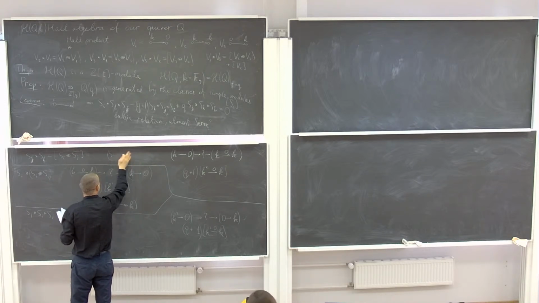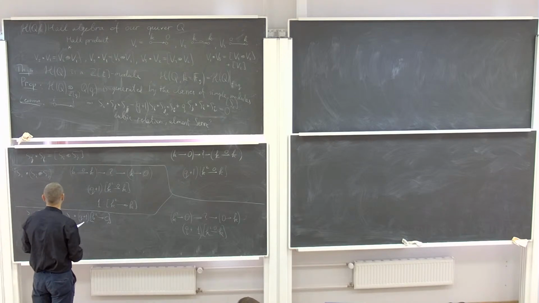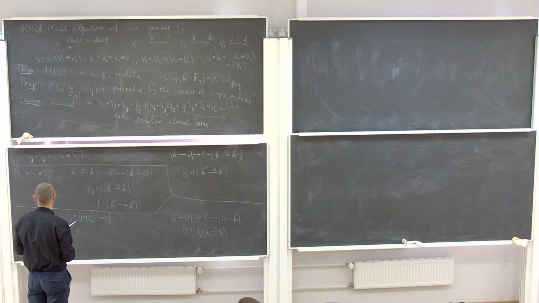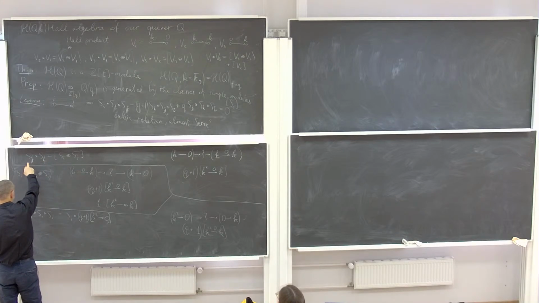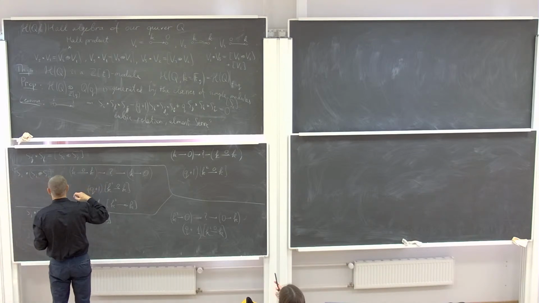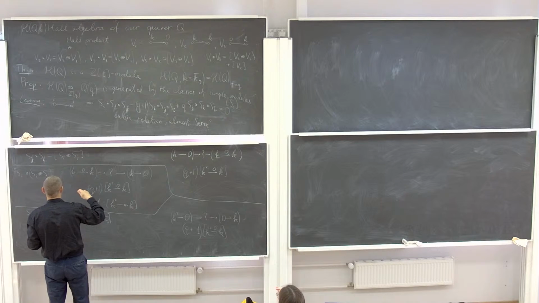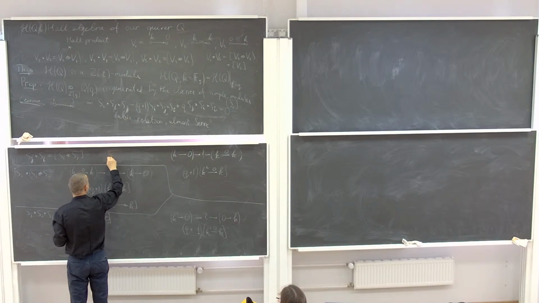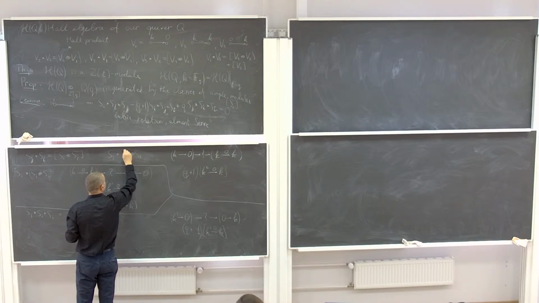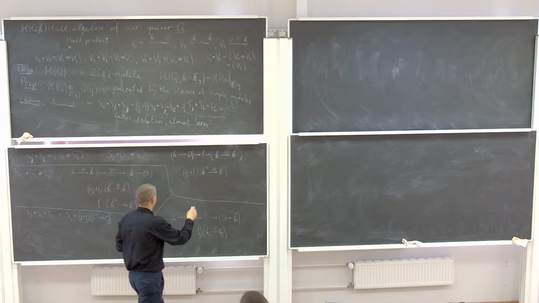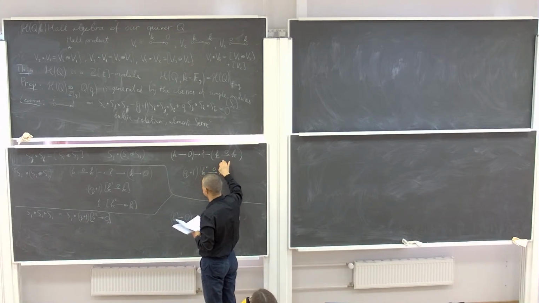Okay, so I want to multiply this by Si on the left, for example, and on the right also. And then it will be in the opposite direction, yeah?